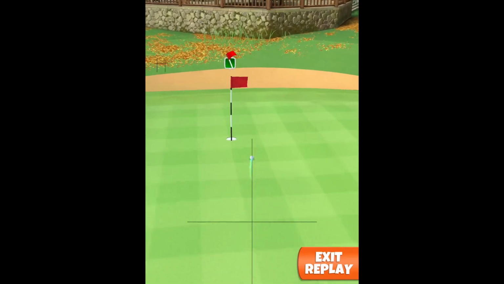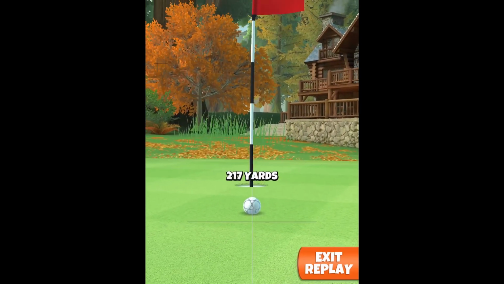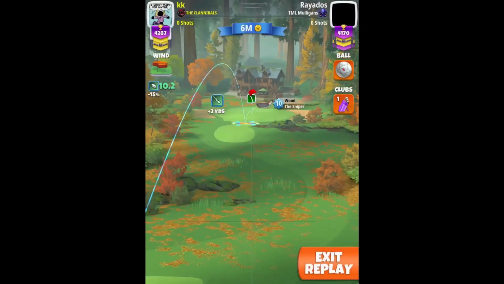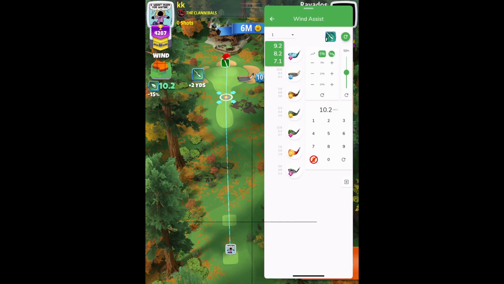And it was a little bit short. So now for headwinds, I do the same position, but I just push up to min driver.